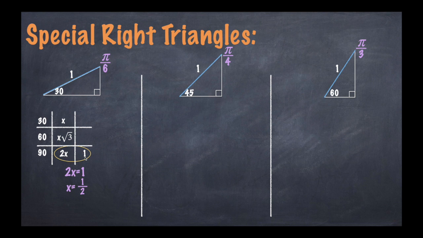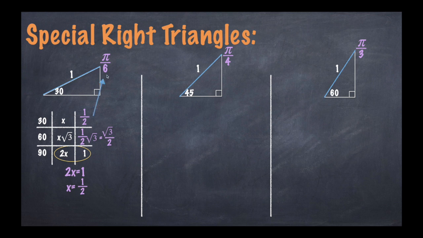Therefore, x would be 1/2. Now that is going to go up in the top part of our box here, and it would go across from the 30-degree angle. We could also plug in x as 1/2 here. That's going to give me 1/2 root 3, which ends up being root 3 over 2.